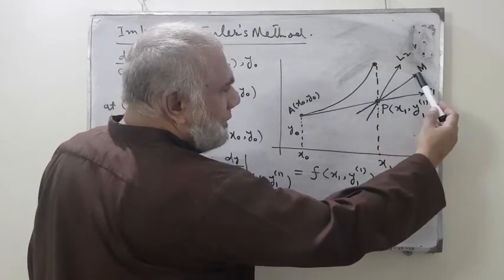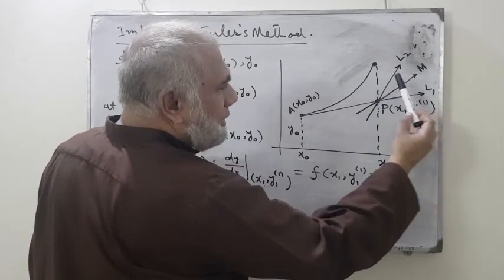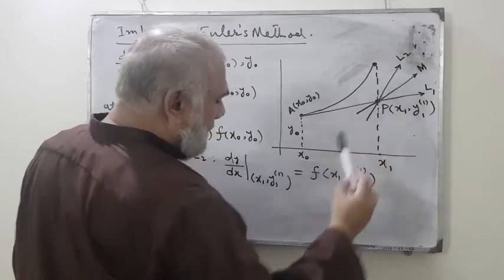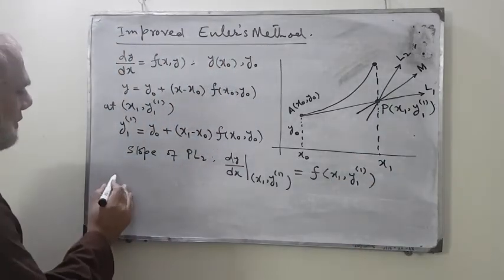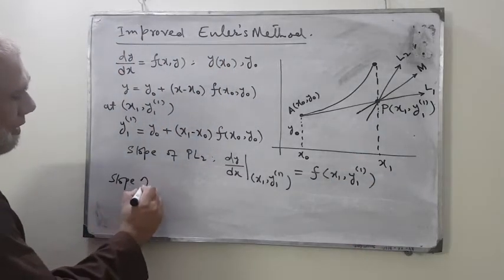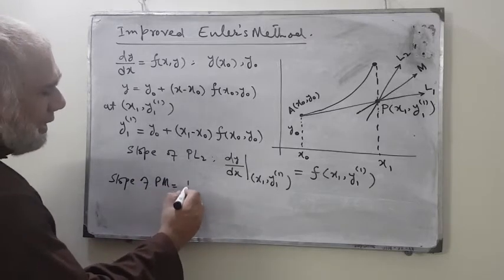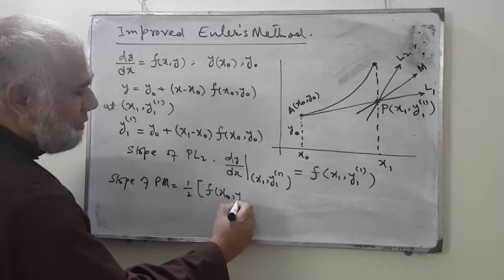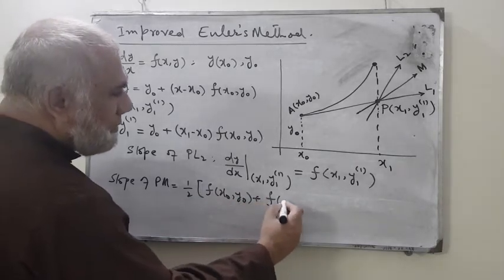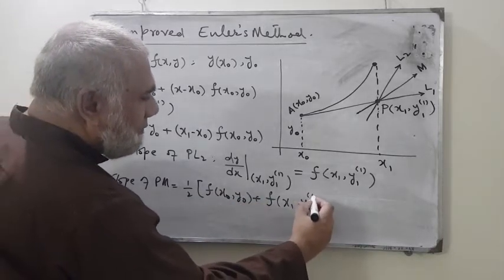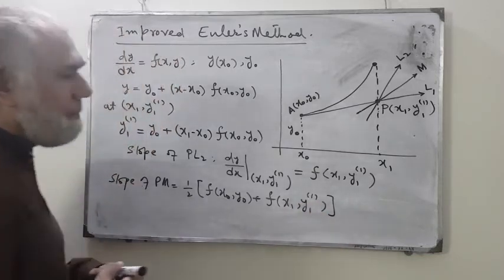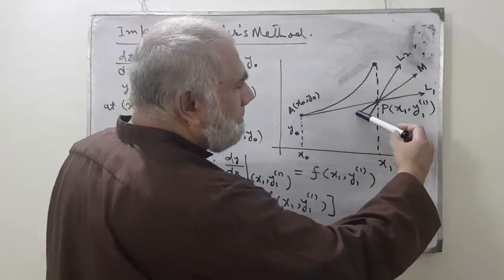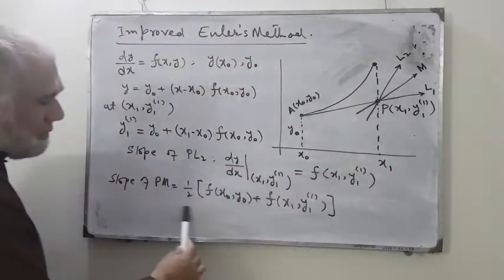The PM is a line whose slope is the average of the slopes of these two lines. So here we can write down the slope of PM is the average of the two slopes. The first slope is at x0, y0, and the second slope is at x1, y1,1. So here you can see we have the line PM whose slope is this one.